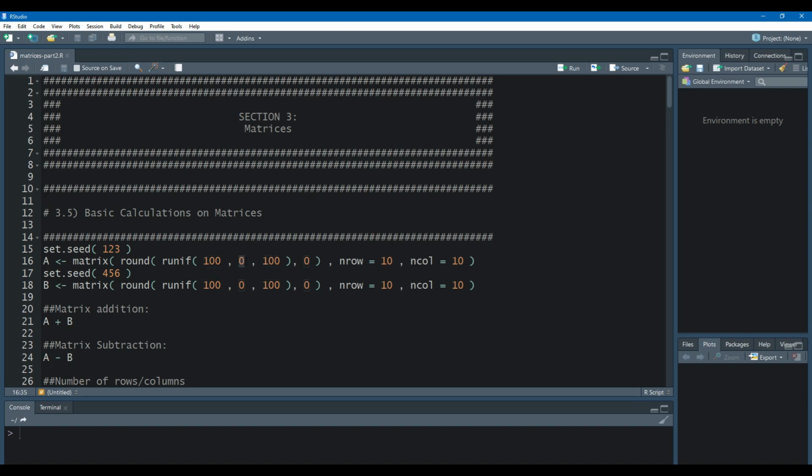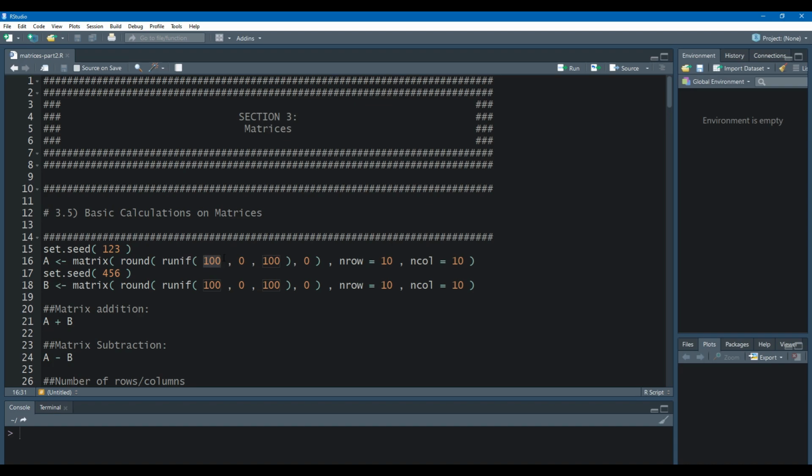So my minimum value is 0, my maximum value is 100, and a uniform distribution assigns equal probability to every single number within that interval. And I say interval because the uniform distribution, in this case, is continuous. So we're going to have decimal values that are inherent to the random numbers. And by using the round function, we are forcing those decimal values to be whole integral values.